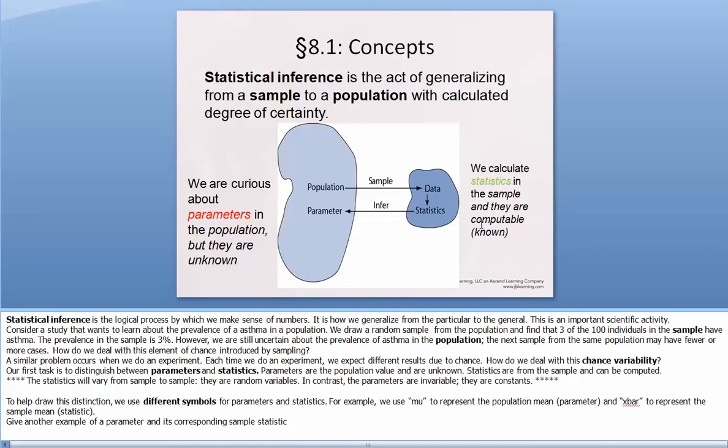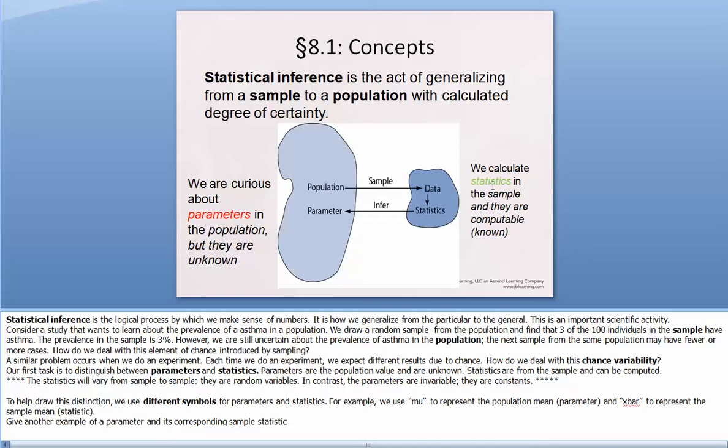The important thing to remember about statistics is that they are computable, which means they are known, because they are all based on data that we know. A sample means some sample we have with us. The reason why I have statistics in green is because I just thought of traffic lights. Green means go, a good sign.